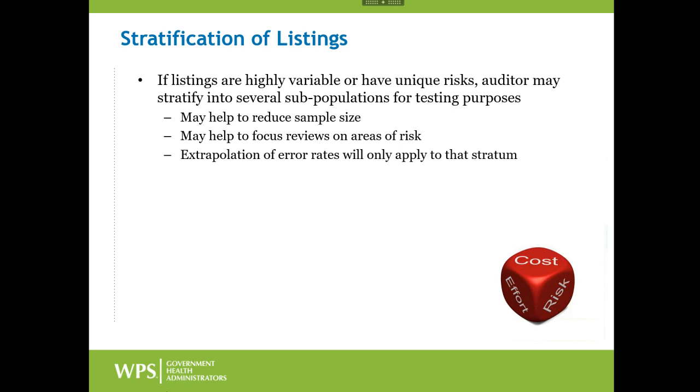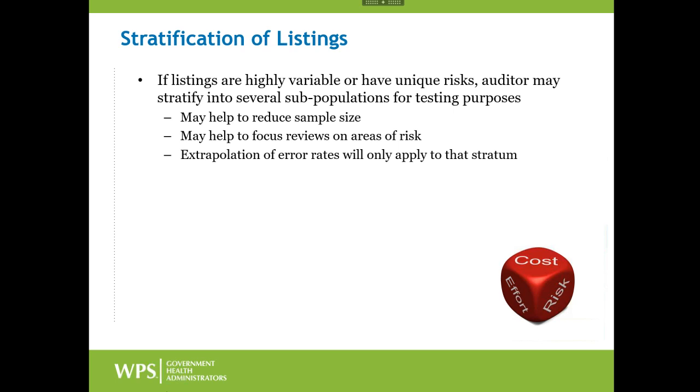Now, the next discussion when we talk about risk and these listings is that in some of these cases, the dollar amounts or the day counts or whatever we're talking about may be highly variable. So there might be a very large listing and a lot of units are on the small side, but then a lot of units are on the high side. They're all across the board.